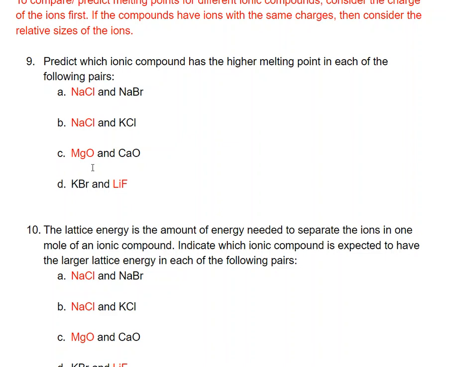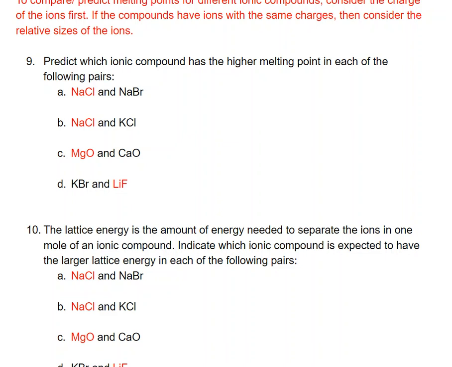But the chloride anion is smaller than the bromide anion, so that distance in the denominator of my equation is smaller. Between NaCl and KCl, we're again going to pick NaCl because it has one less energy level than potassium. The potassium cation is going to be larger, so a bigger distance. So the correct answer there would be NaCl.